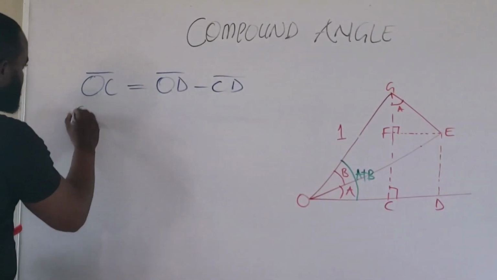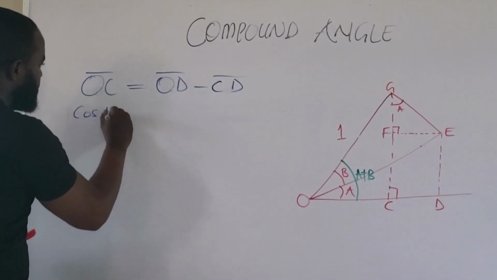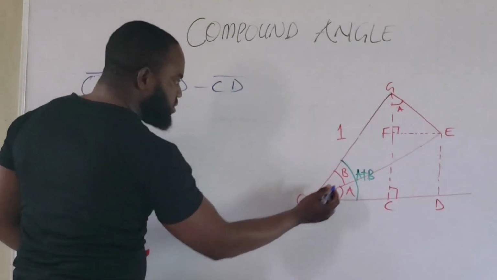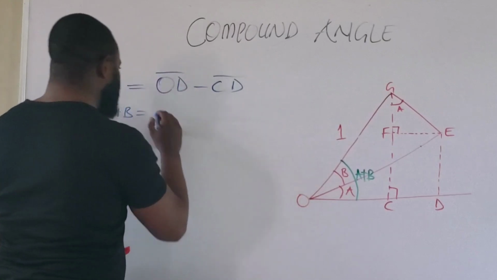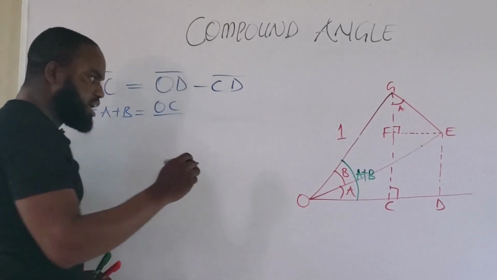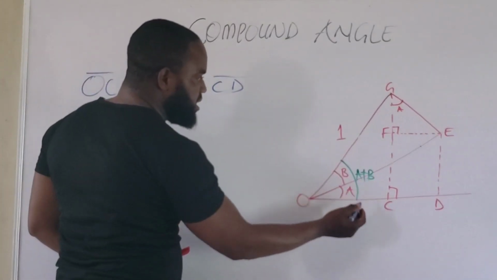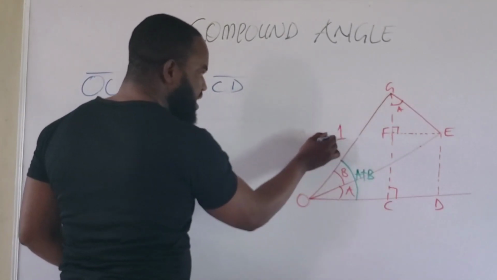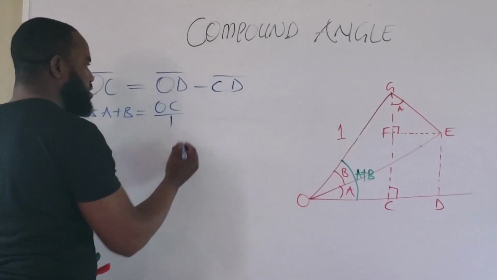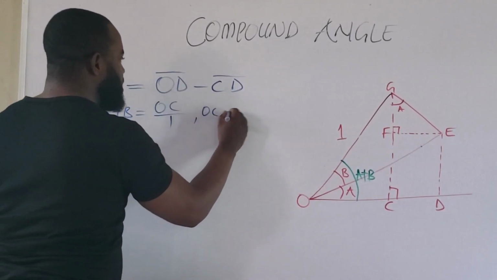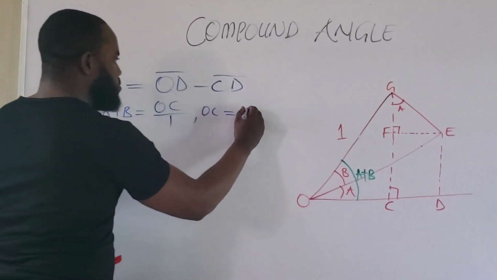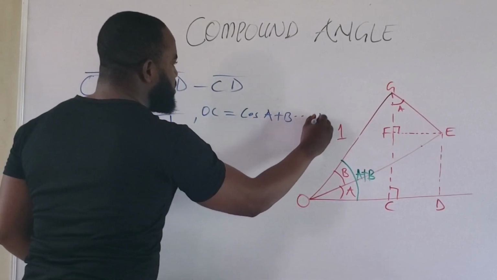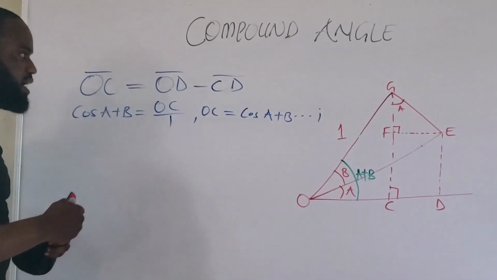We found that cos A plus B is equal to the adjacent, which is OC, divided by the hypotenuse, which is 1, because the triangle OCG is involved, right? The hypotenuse is 1, divided by 1. And from here we found OC is directly equal to cos A plus B. Let us call this 1. We are coming back there.